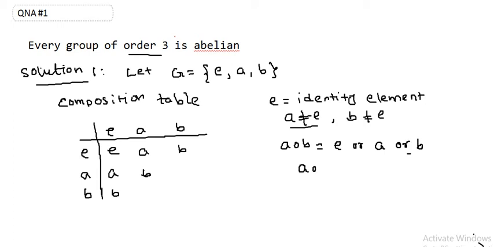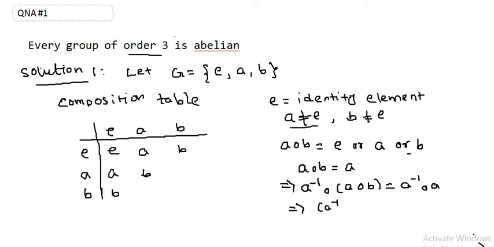Now let's talk about A compose B equals A. In this case we again use the cancellation law. We can cancel A from both sides. Also you can do it this way: because G is a group, A must have an inverse. Taking composition with A inverse on both sides of this equation, and using the associative law, we can write it this way.